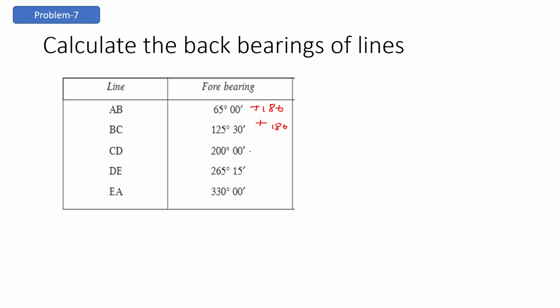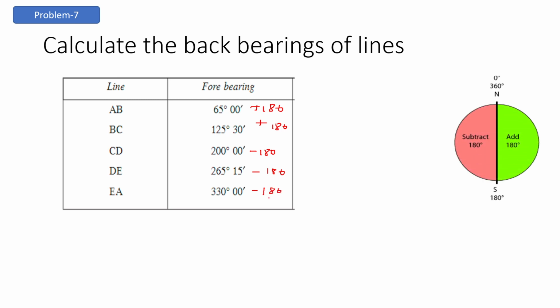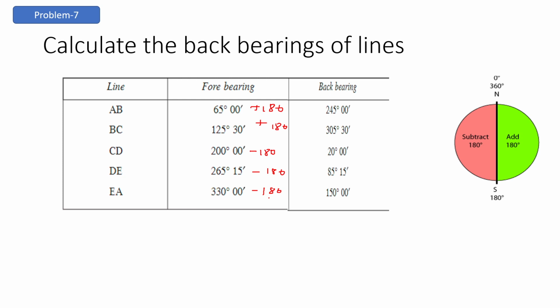Here it is more than 180, so we will subtract 180. Here also we will subtract 180. From here it is also more than 180, so we will subtract 180. So we will get these values. These are the back bearings of the lines.